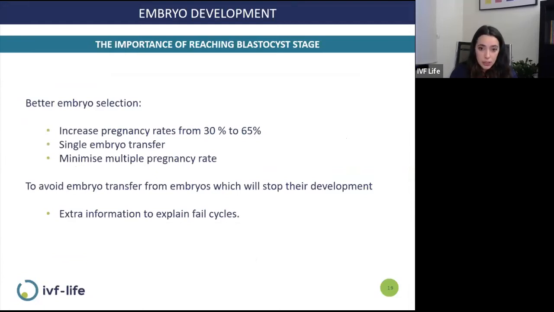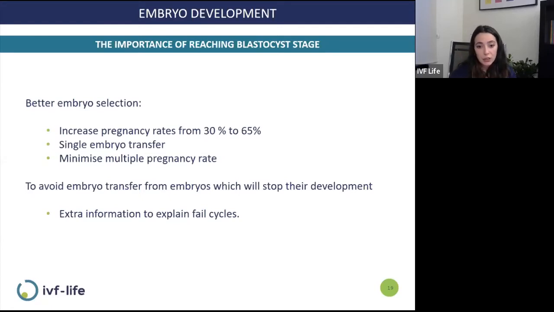So the importance of reaching blastocyst stage is supported by a better embryo selection, which we have already seen increases the pregnancy rates from 30 to 65% when moving from day 3 transfer to day 5 transfer.